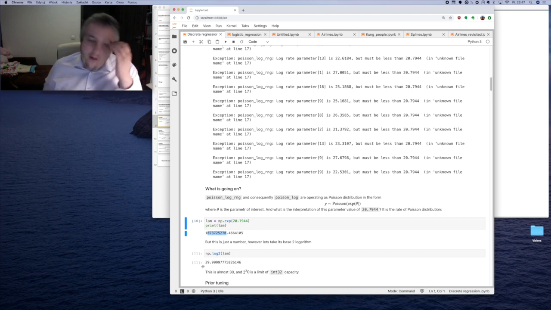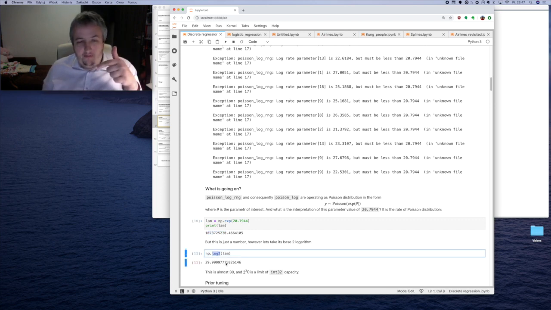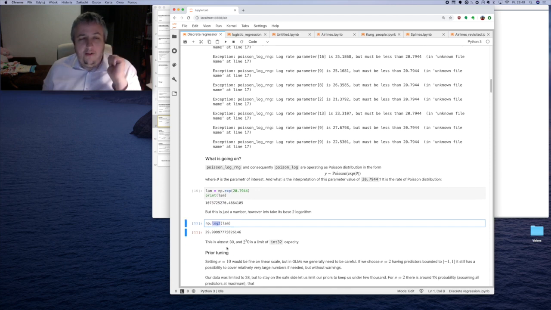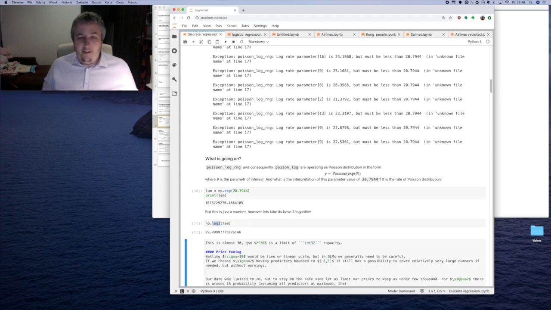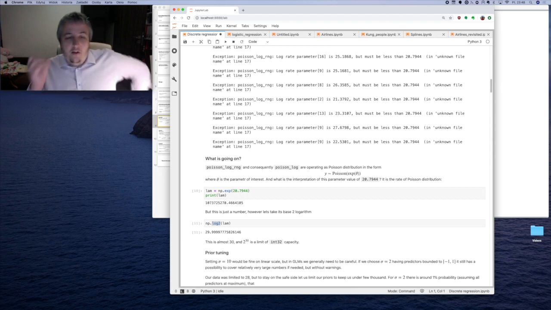It is here because if we compute a base 2 logarithm of this value, we get almost 30, up to a certain rounding. And what is 30? 2 to the power of 30 is a limit of the capacity of a 32-bit integer.